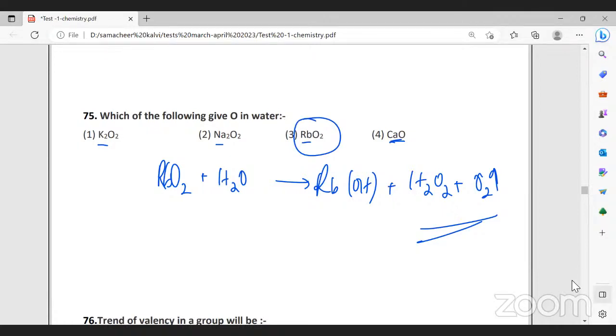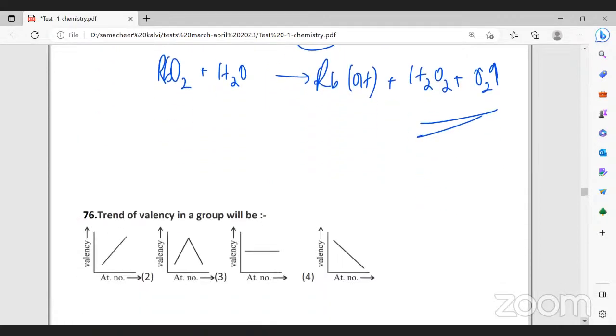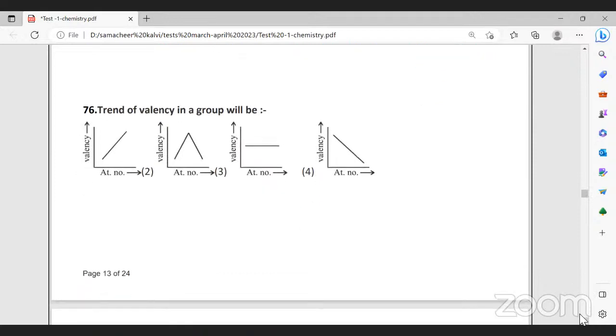The next question: trend of valency in a group. Now we understand trends of valency. For example, we have lithium, sodium, potassium, rubidium, cesium, francium.